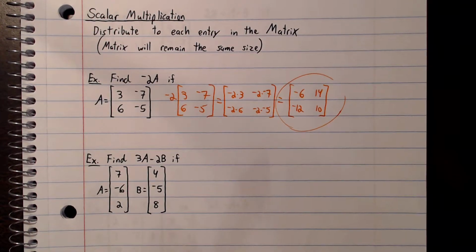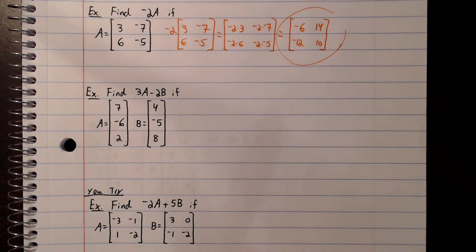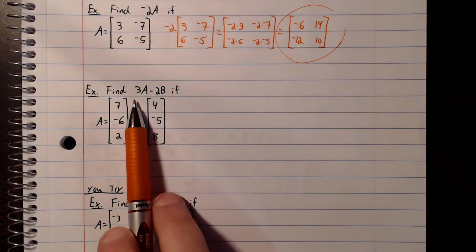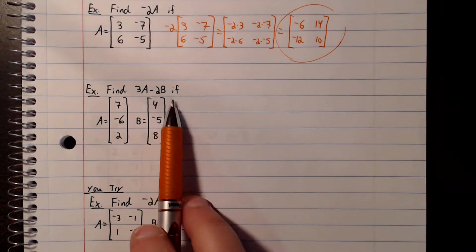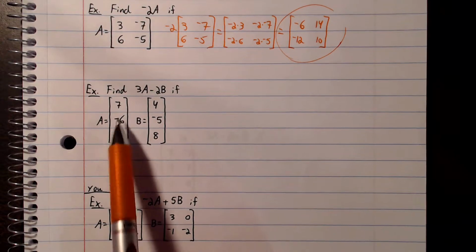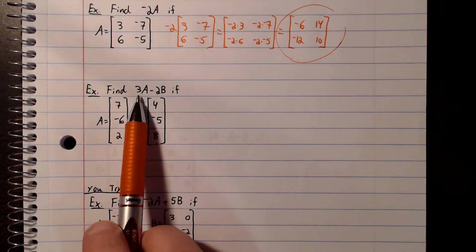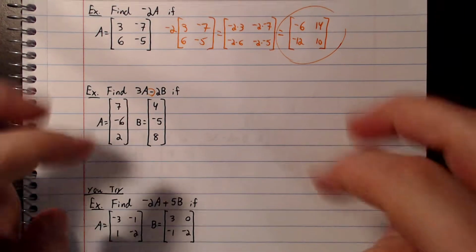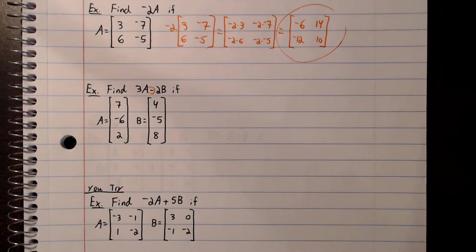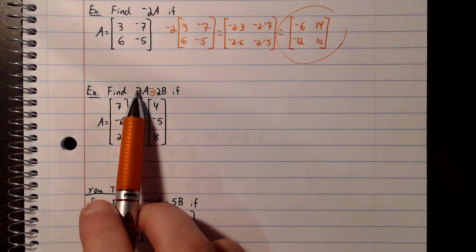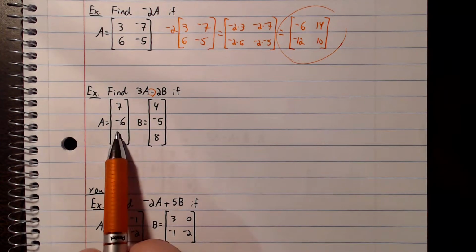Just multiply everything together. So we're going to do a little bit more exciting of a problem here. Now they're asking us to find 3A minus 2B, and they give us these two matrices which happen to be the same dimensions. So we're able to do what we would call addition of negatives. Here's what we're going to do. We're going to distribute the 3 to A first.